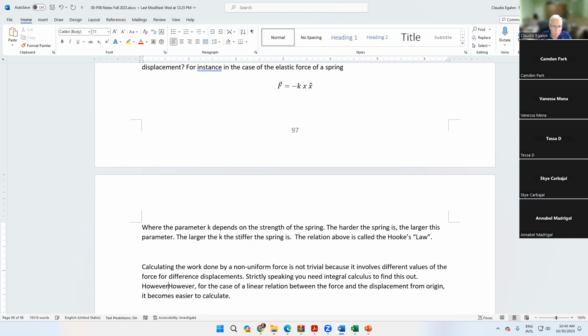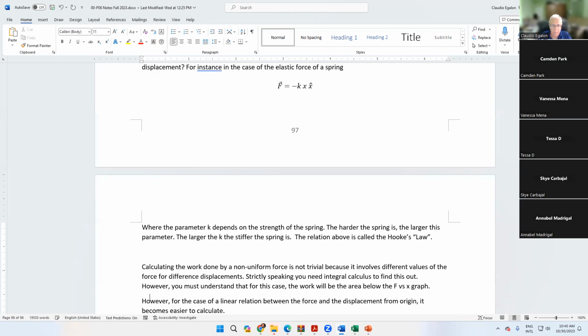However, you must understand that for this case, the work will be the area below the force versus x graph.